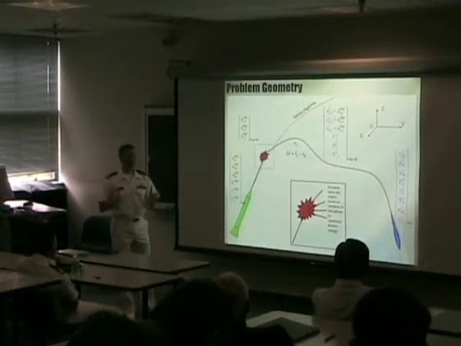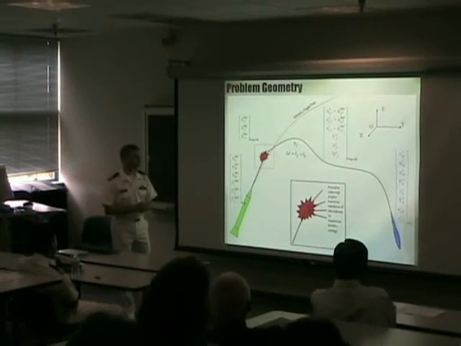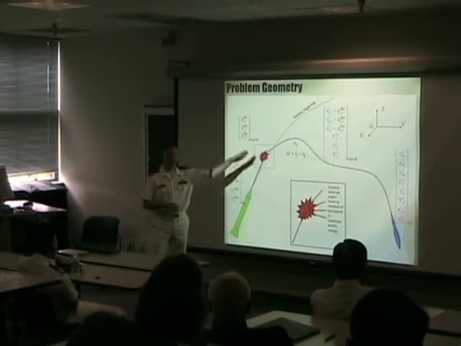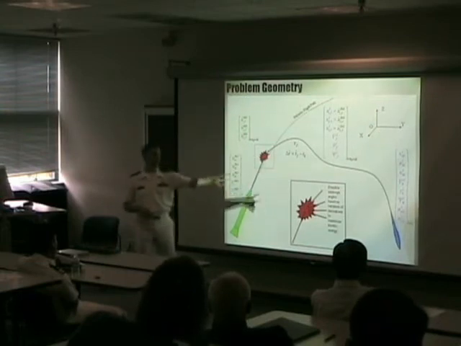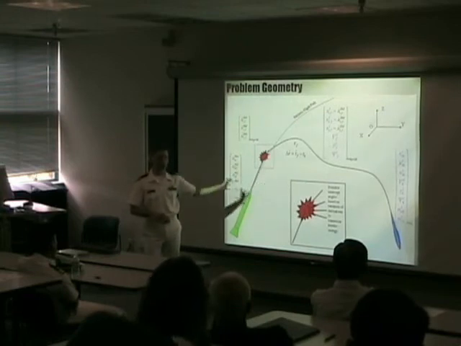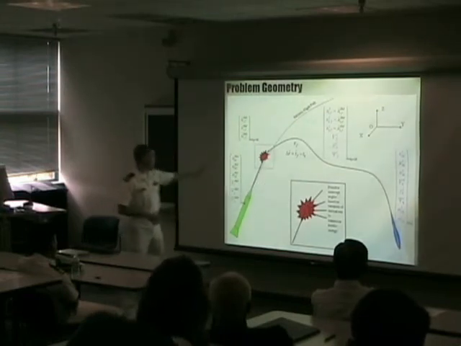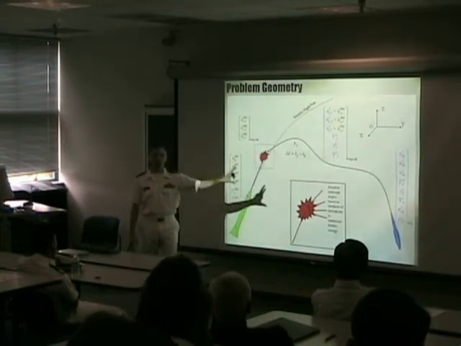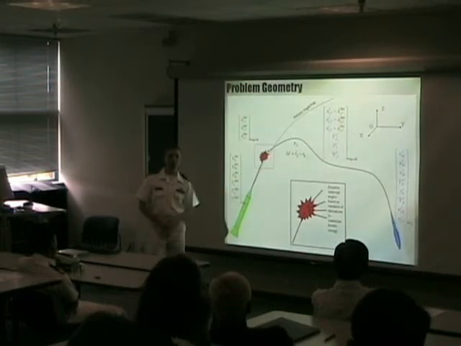Now, the specific problem geometry of this particular function: I have my ballistic missile, which is traveling on its arc. I have my interceptor missile, which has just finished its own launch phase and is now ready to intercept the target. I'm assuming that I know the position and velocity of my ballistic missile, and I know the position, velocity and acceleration of my standard missile.